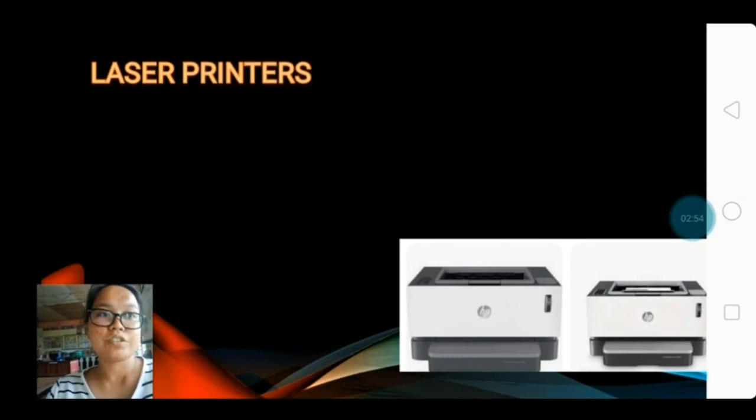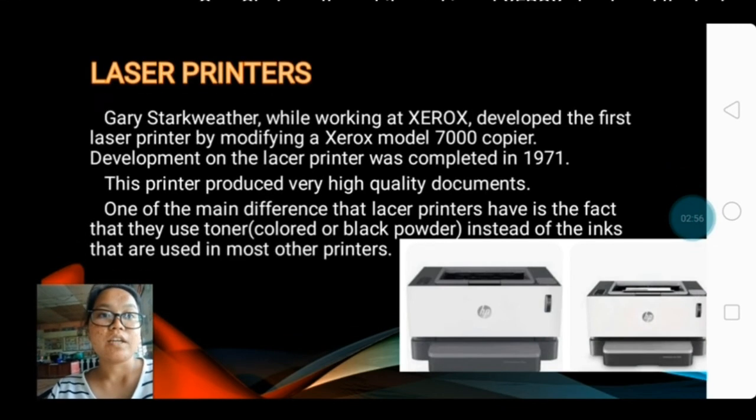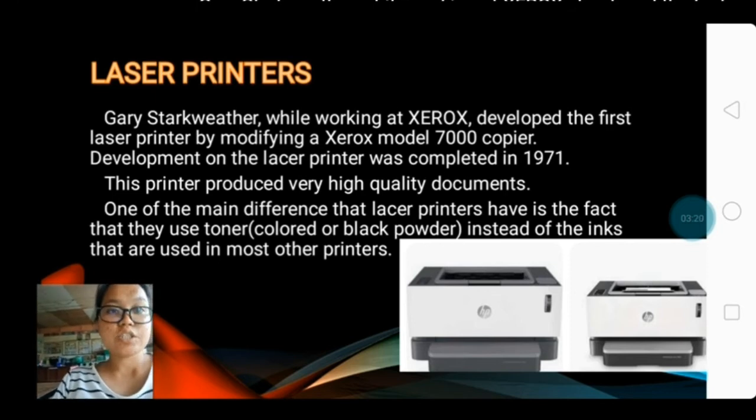Laser printers. So for the laser printer, Gary Starkweather, while working at Xerox, developed the first laser printer by modifying a Xerox Model 7000 copier. Development of the laser printer was completed in 1971. So, this printer produced very high quality documents.